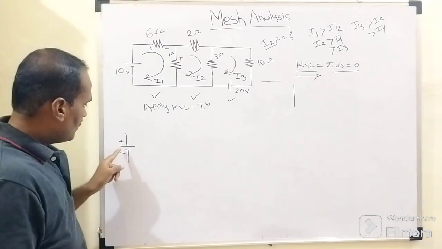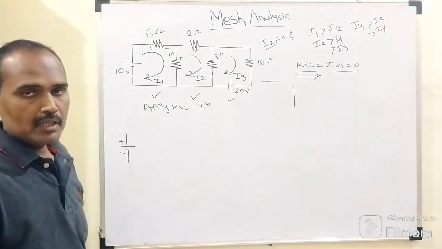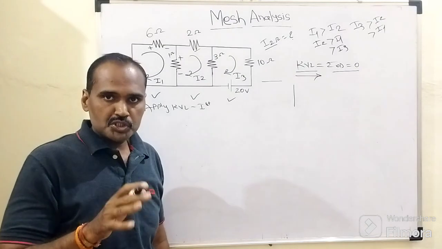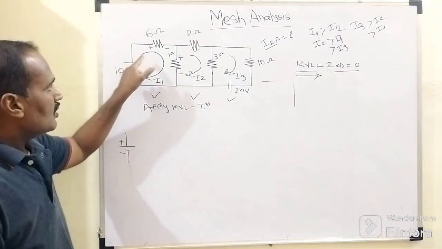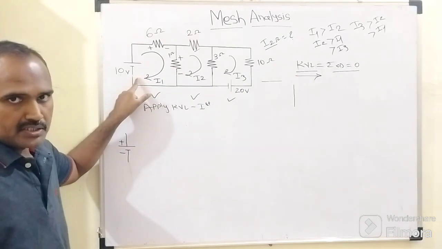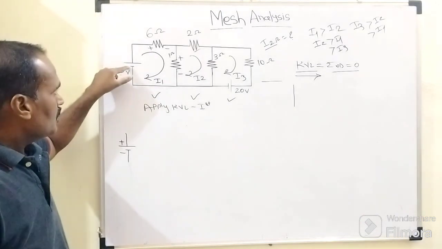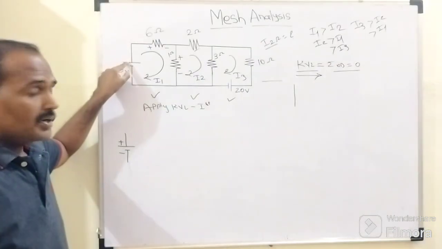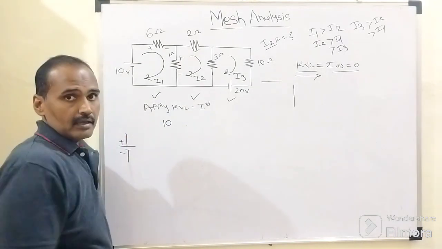So when we are going from negative to positive terminal, obviously at that time the positive polarity of that battery we need to consider, right? Because we are following which direction? Clockwise direction. So while following this clockwise direction, we are going from negative plate to positive plate. That's why the overall polarity of this 10 volt battery is plus 10, right?